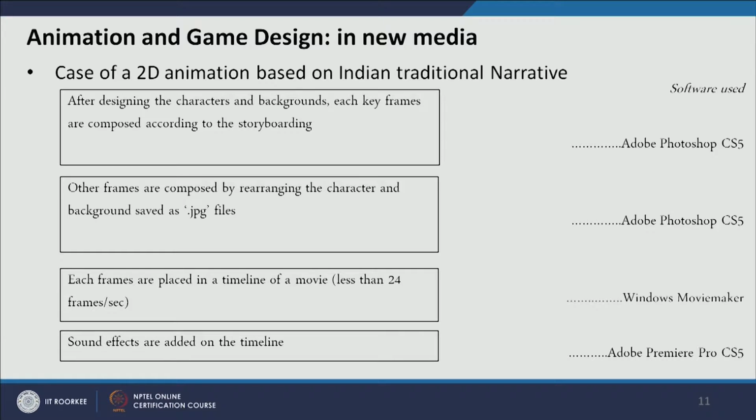This is also done in Photoshop, because this was actually a stop motion animation with fewer than 24 frames per second, so it was possible to do with Adobe Photoshop; otherwise other software has to be used. And then the sound effects are merged with the timeline.